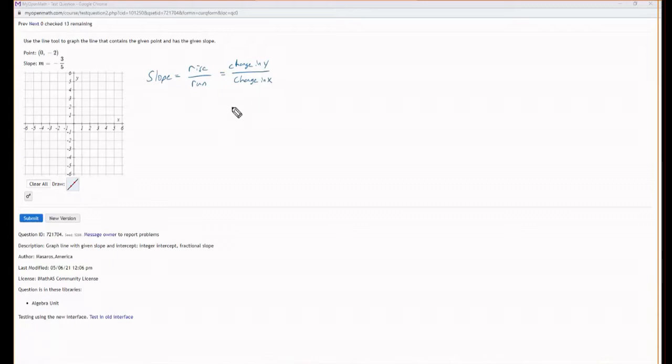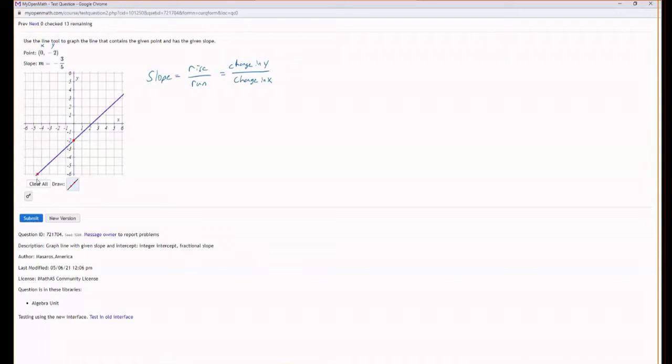Okay, so what we're going to do is we're going to start with our point. So I have 0, -2. Remember that the coordinates are always x comma y. Okay, and I say that a lot, but that's like one of the most common mistakes to make when you're doing a problem like this, is to pick like this as being your starting point. Okay, and that's just mixing up the x's and y's. Okay, so we want to start at 0, -2.